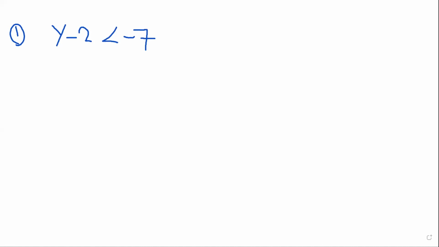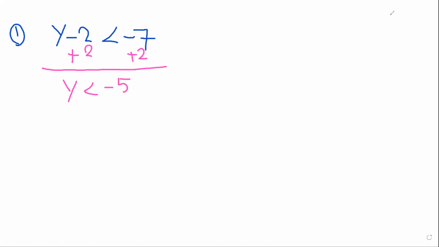So this one here, the first step, you have to add or subtract in order to isolate the variable term. And since 2 is subtracted from y, I need now to write its inverse in order to isolate the variable by adding plus 2 to both sides. So y less than negative 5.